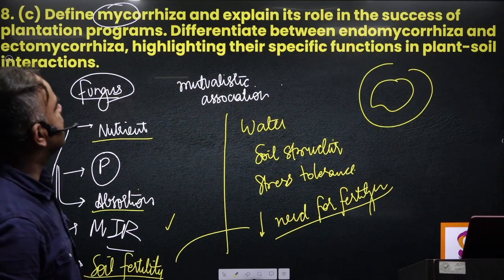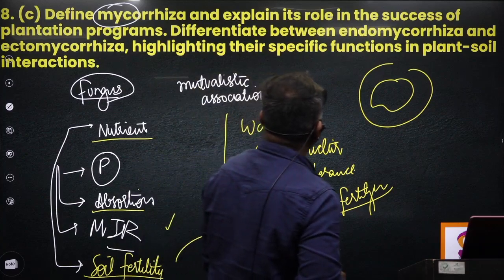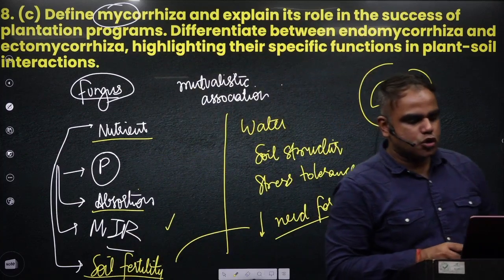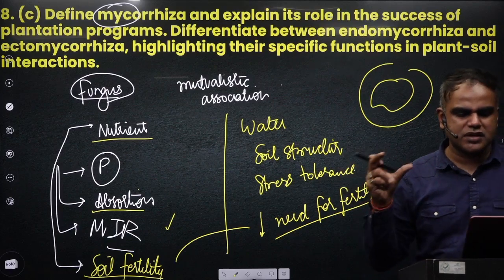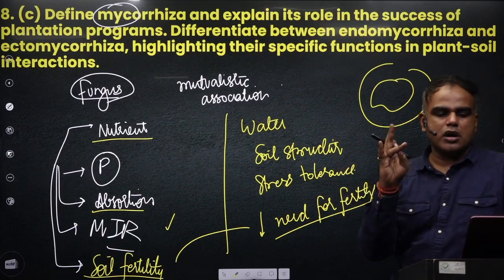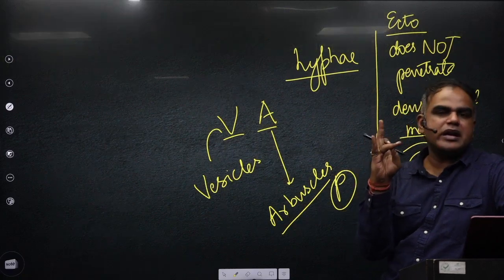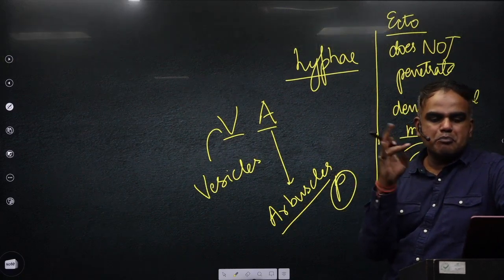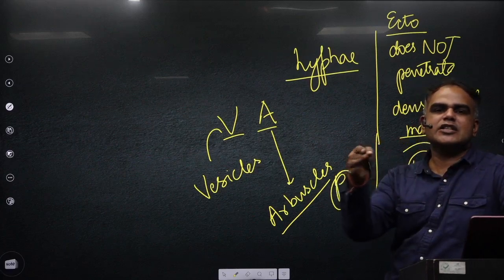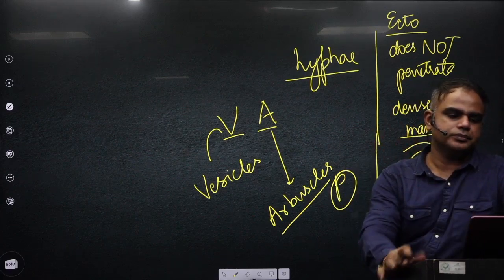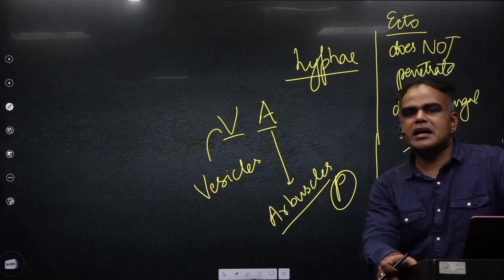When we say highlighting their specific functions in plant soil interactions, of course we'll talk about what we've just mentioned. For endomycorrhiza, remember nutrient uptake, broad host range, so across various hosts it is going to be present, and it helps in better soil structure.